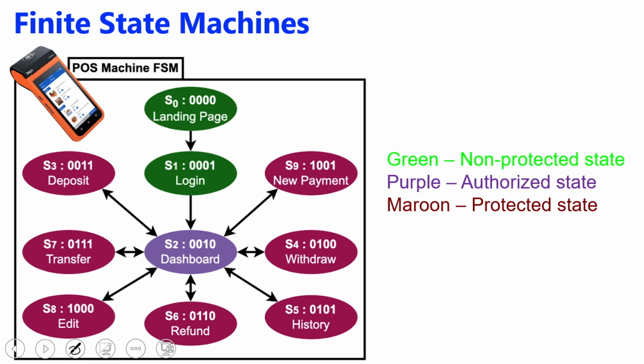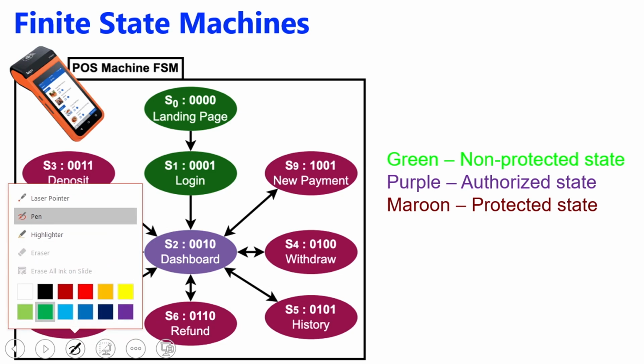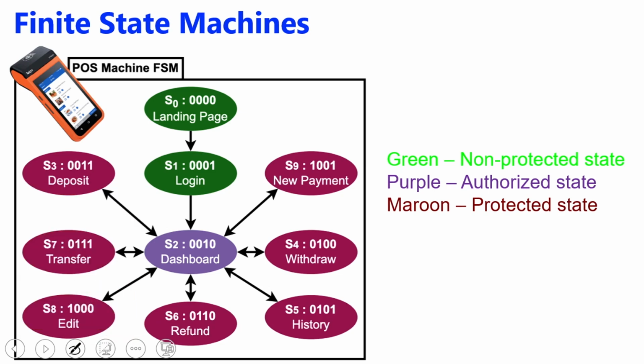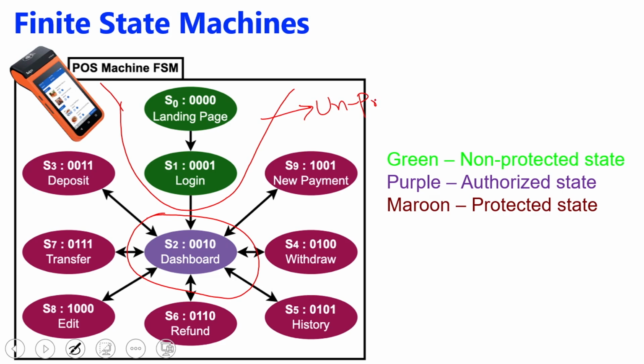So, the kind of analysis we want to do on any security algorithm is to divide all possible states into different categories, and typically these are the 3 categories we consider. The one in green is for anybody, it is non-protected states. These are unprotected, outsider states, we do not care about them. Then the ones that, through a password check or whatever, can go to some of the protected states.